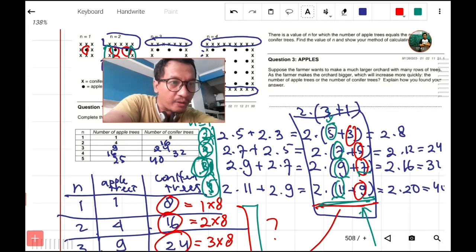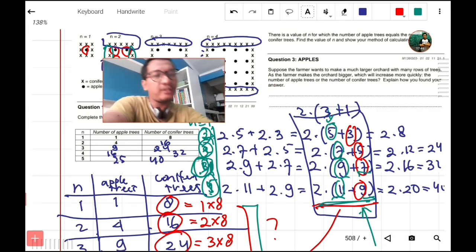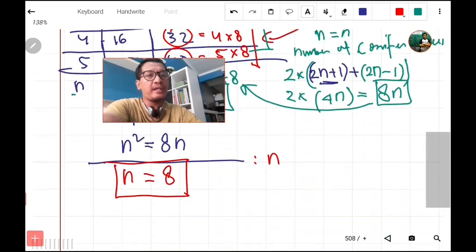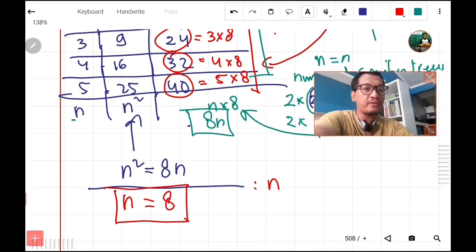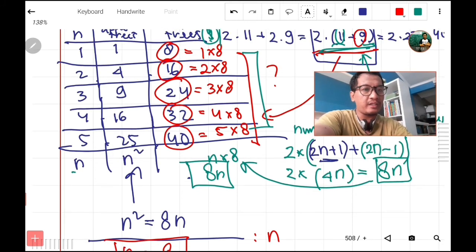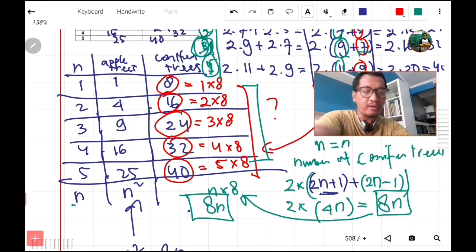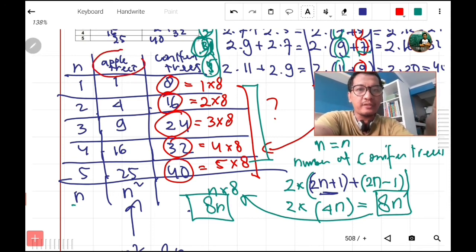Explain how you found your answer. Let's see the formulas: the number of apple trees is n square and the number of conifer trees is 8 times n.